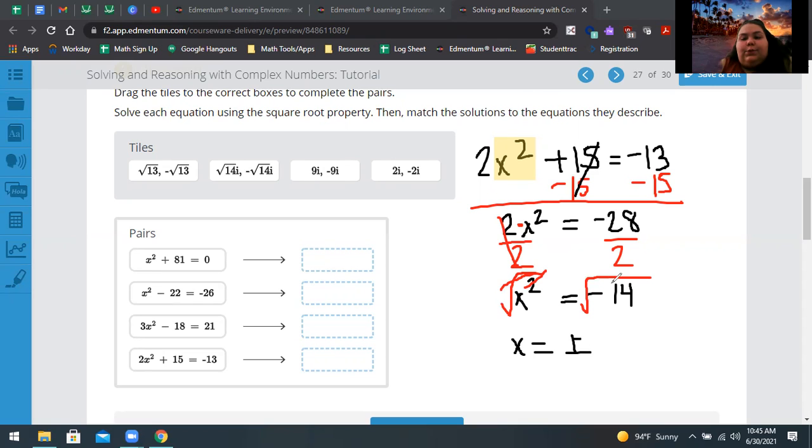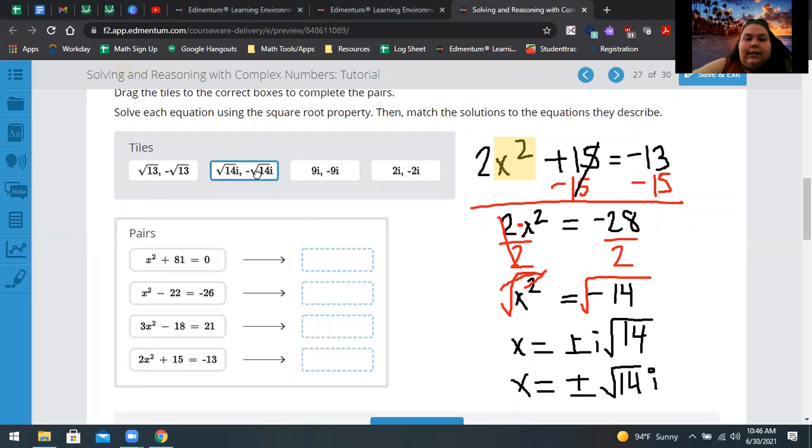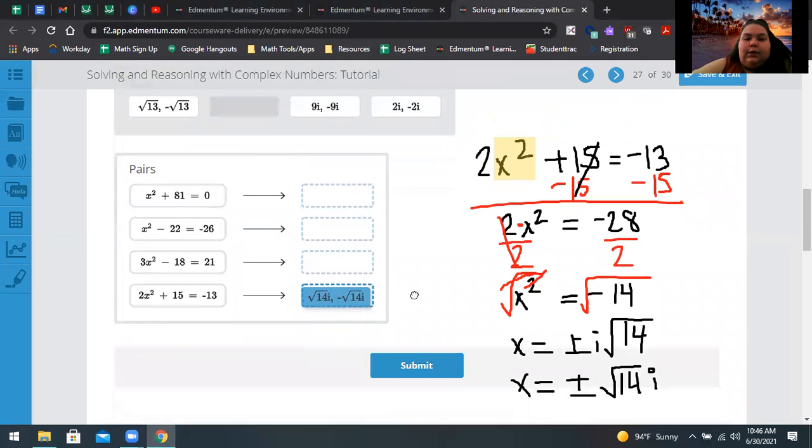You'll have a decimal. So we're going to leave the square root of 14 there. But this negative can come out as an i, and you have the square root of 14. But force of habit with complex numbers and imaginary, the i is always written at the end. So you'll have x equals plus or minus the square root of 14 i. Again, make sure your i is not written inside the square root. It is actually outside. So then this answer belongs to the last one.